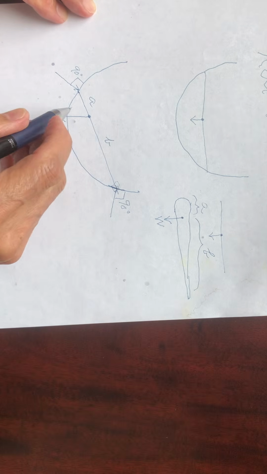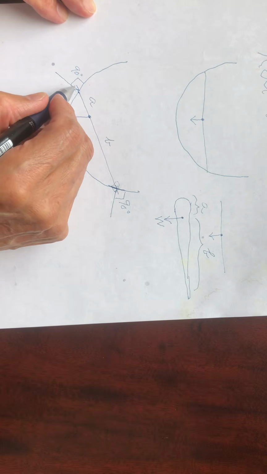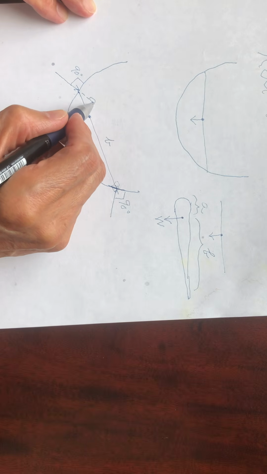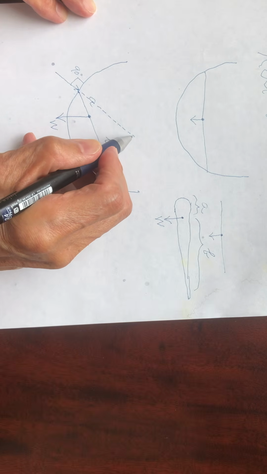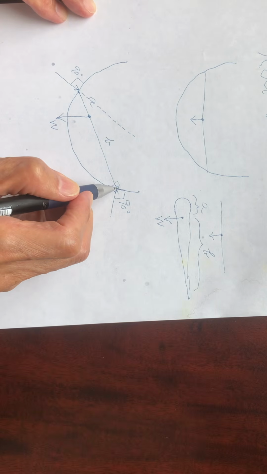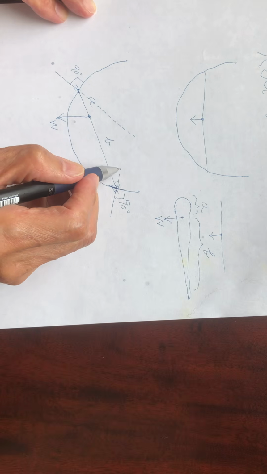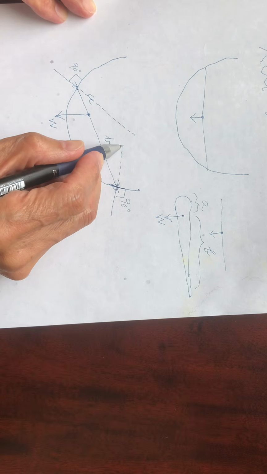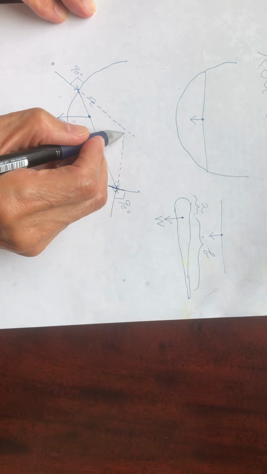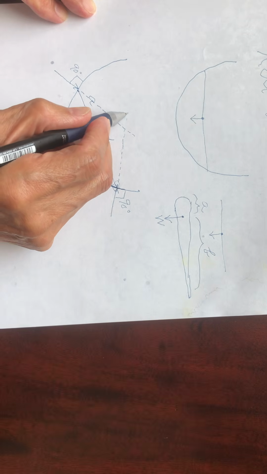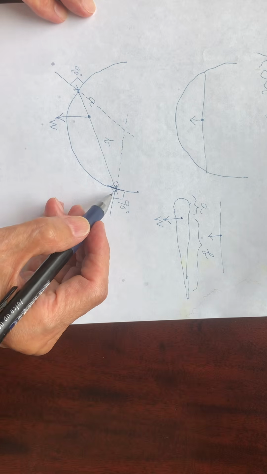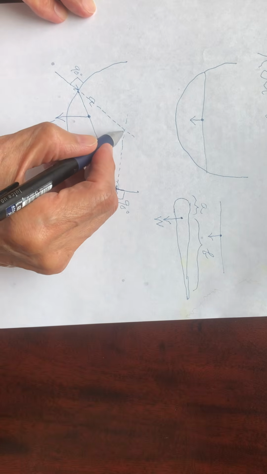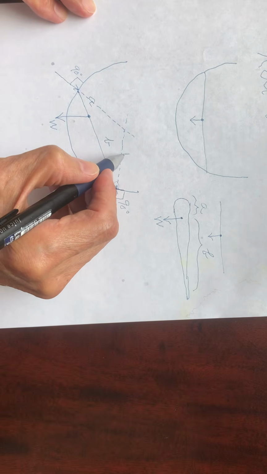Now, if I extend this reaction into the ball, and I extend this reaction into the ball, then you see, because this is 90 degrees, this should be the radius, right?